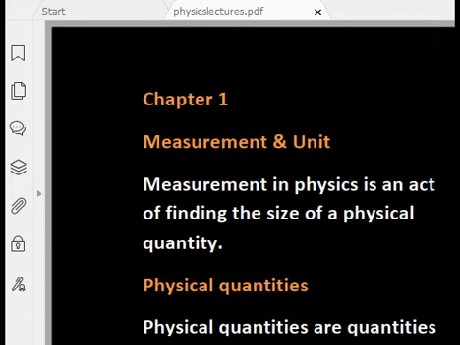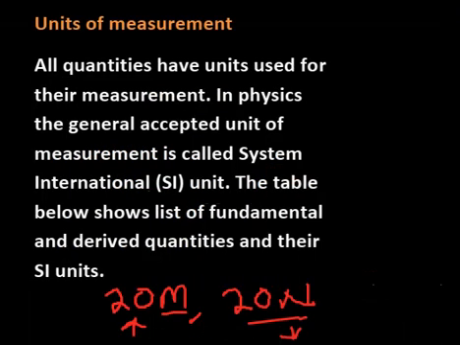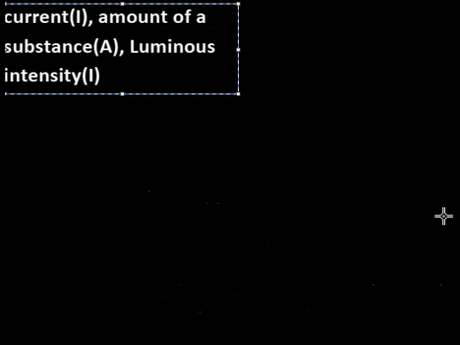For the fundamental quantities, let me write them on the board.